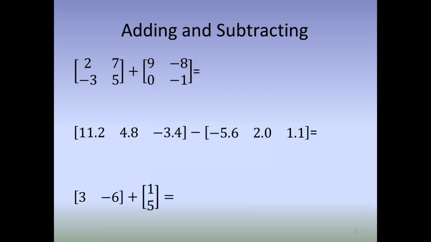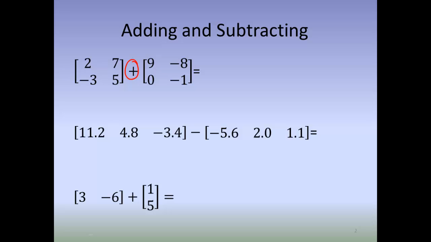Alright, so adding and subtracting matrices, we have to start with the fact that they must be matrices of the same dimensions. They have to have the same number of rows and the same number of columns, or we won't be able to add them together. So we're going to follow the operation that's indicated in this first problem. We have addition, so we add the corresponding elements together.